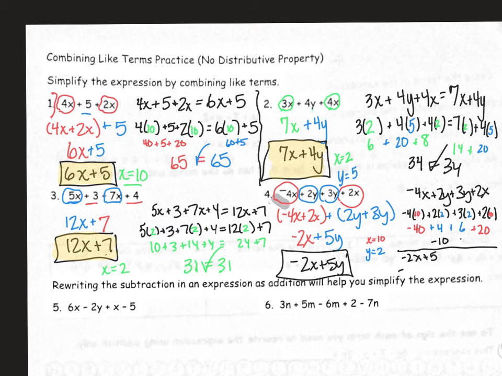So that would be negative 2 times 10 for x, plus 5 times 2 for y. So I have negative 20 plus 10 equals negative 10. So these are the same value. So that means I probably have the correct simplified version.